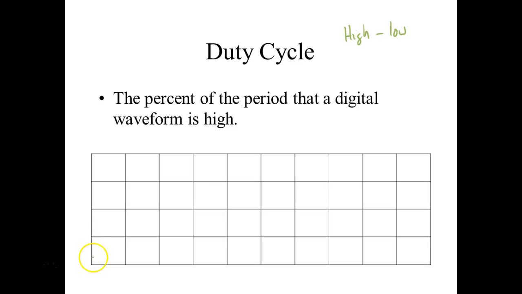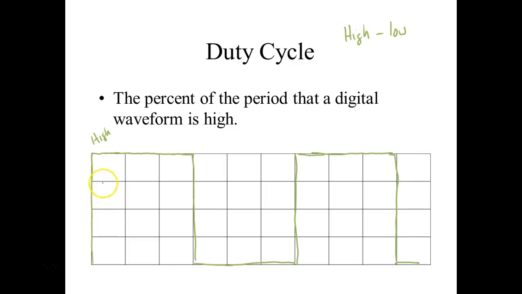So what we do is we come over here when it's at its maximum value. We say that the signal is high. And then when it's at its minimum value, we say the signal is low. So in this waveform, you can see the duty cycle real easy.